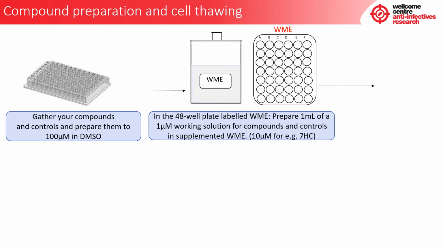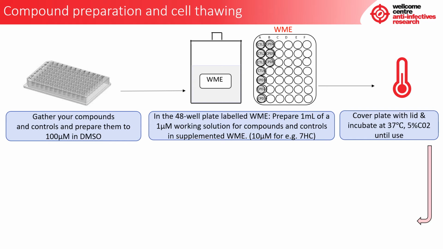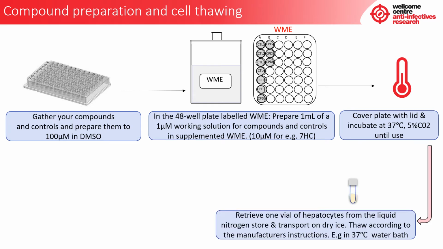Next, in the 48-well plate labelled WME, prepare 1 ml of a 1 micromolar working solution for compounds and controls in supplemented WME. However, here, as compounds such as 7-HC need to be at a concentration tenfold higher, they will be prepared as 1 ml of a 10 micromolar solution. Cover the plate with lid and incubate at 37 degrees Celsius, 5% CO2 until use.